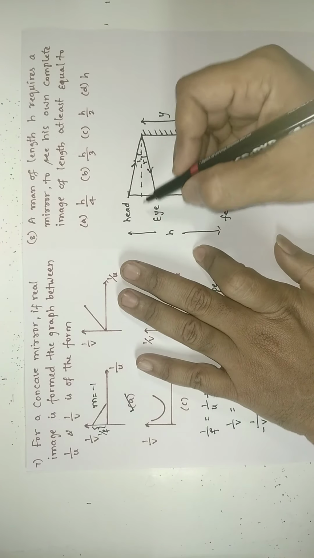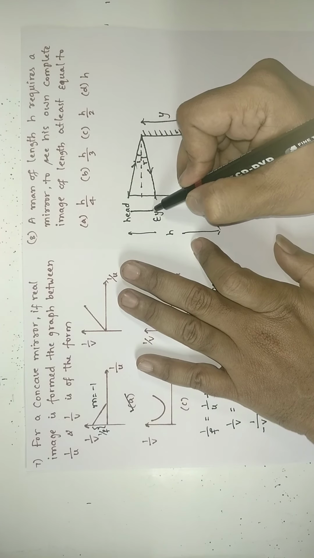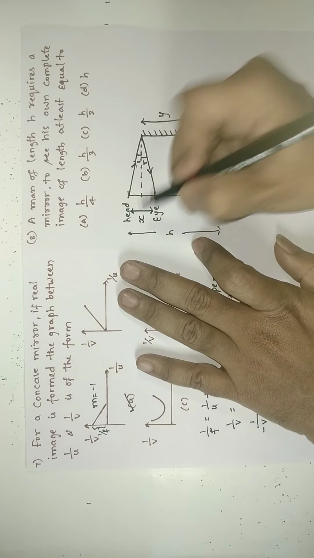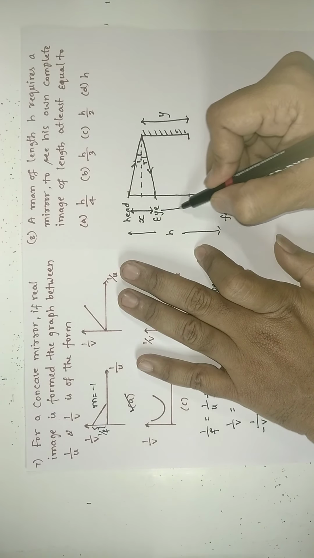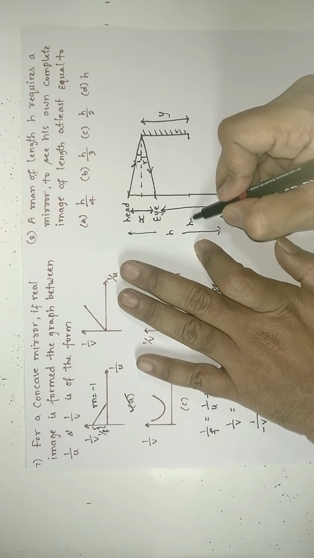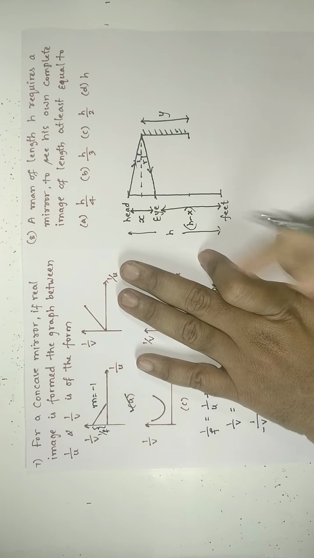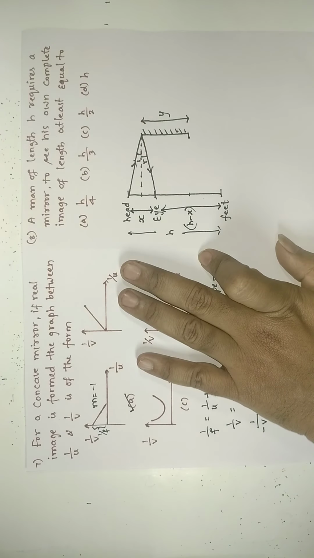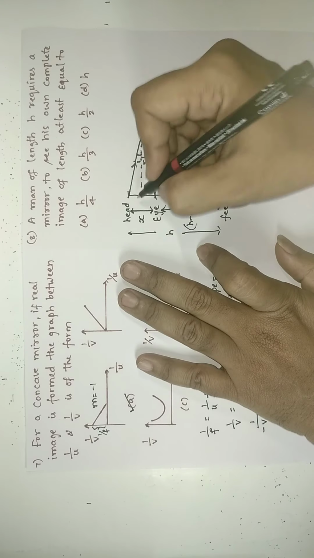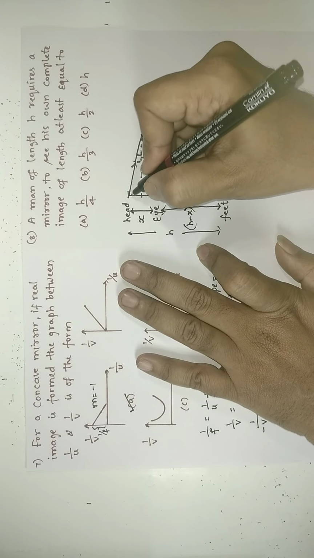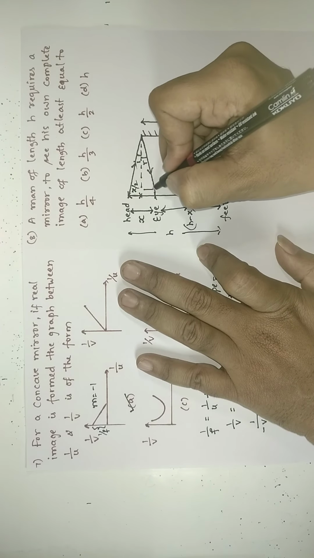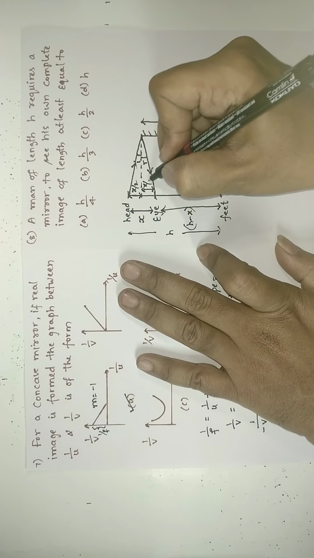So just to go with some mathematical treatment, let us consider the distance between the head and eye to be equal to, say, x. Then the distance from the eye to the feet will be equal to h minus x, as the total height or length is taken to be h. Here, as the angles are the same, this part will be equal to x by 2 and this part will be equal to x by 2.